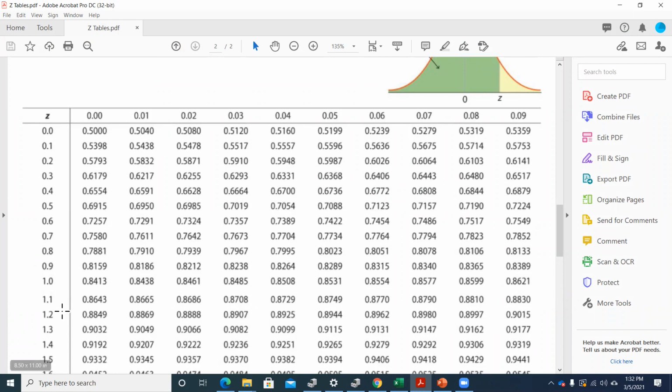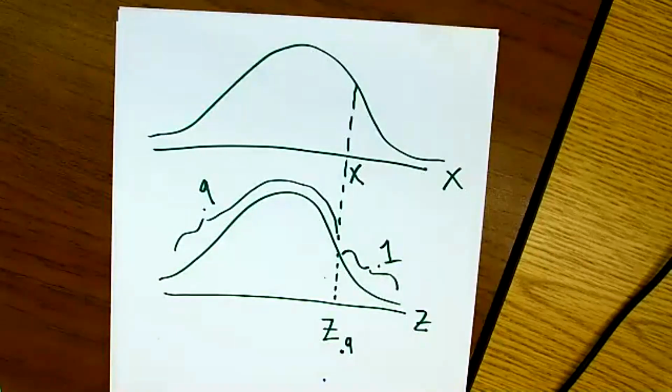Somewhere in between 1.28 and 1.29. Anytime we're in between two like this and I can't find exactly 0.9, we'll take the higher of the two, or in absolute value, the higher of the two. If we're doing negative numbers, ignore the negative sign, but take the higher value. So between 1.28 and 1.29, I'll use 1.29 as the z-score that would give me 0.9 in that lower left tail.